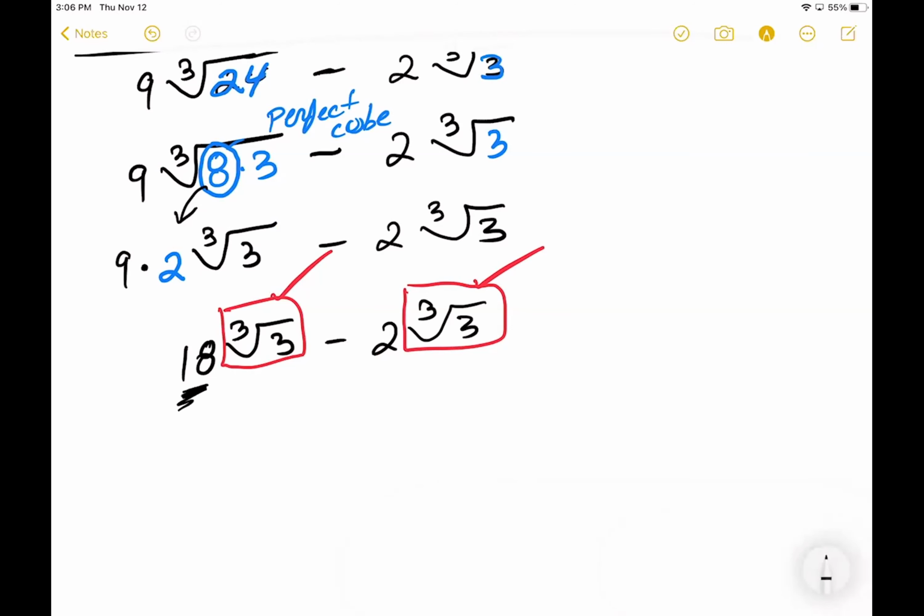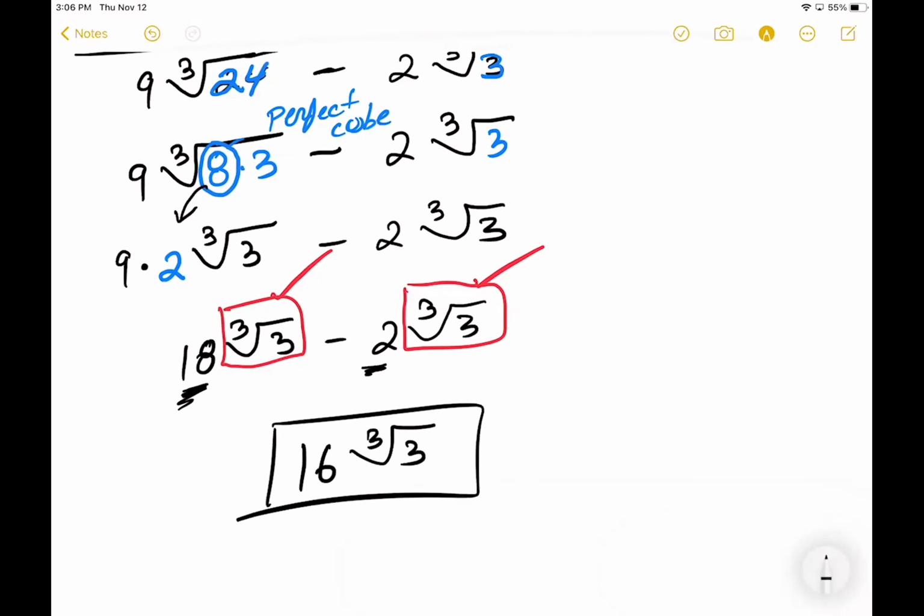What is 18 minus 2? Well, 16 cube root of 3. If you have 2 cube root of 3, just think in terms that you have $18, take away $2, how many dollars do you have? In this case, you have 18 cube root of 3, take away 2 cube root of 3. In total, you have 16 cube root of 3.